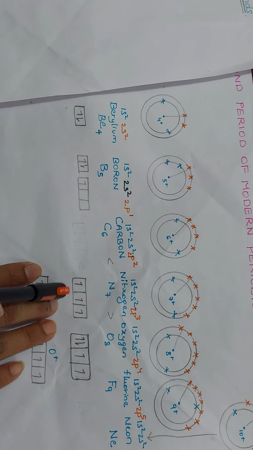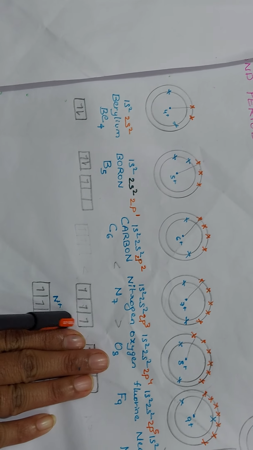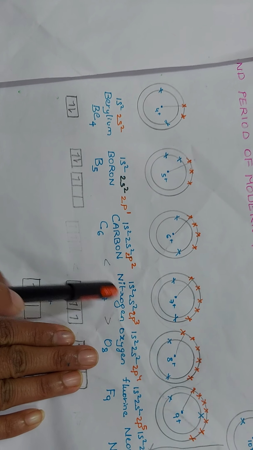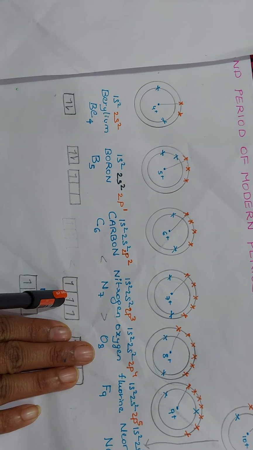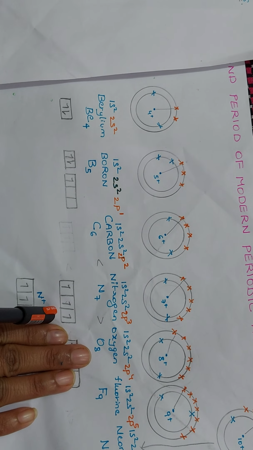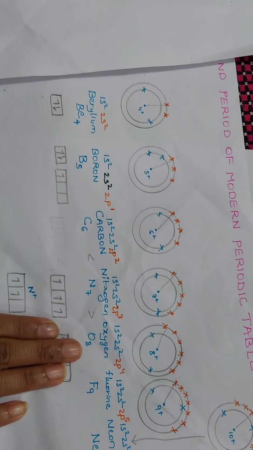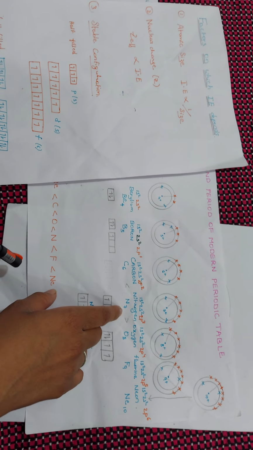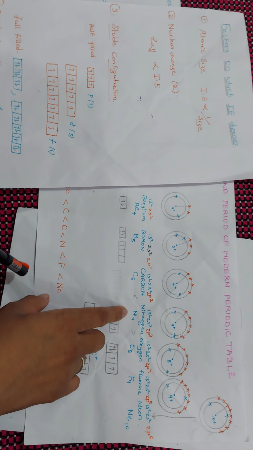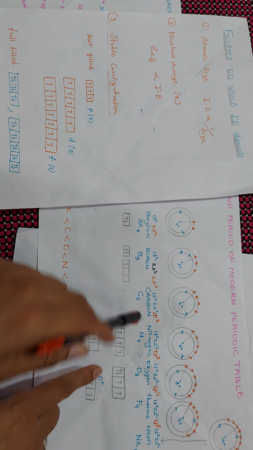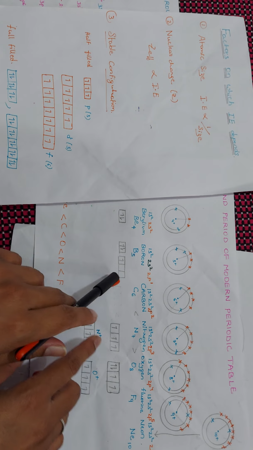The electronic configuration would look like this, for the valence shell 2p3. That means 3 electrons are there, so it is satisfying this half-filled configuration rule. So ionization energy increases here exceptionally. That means it is more than oxygen.